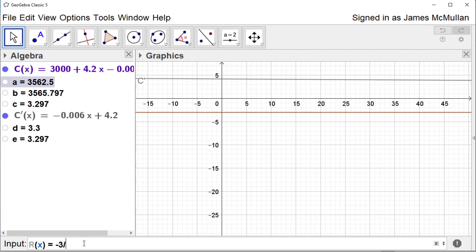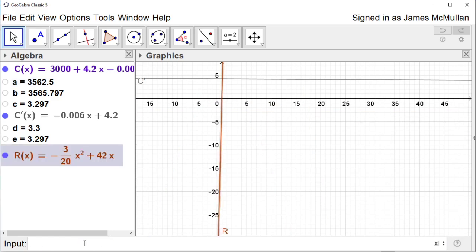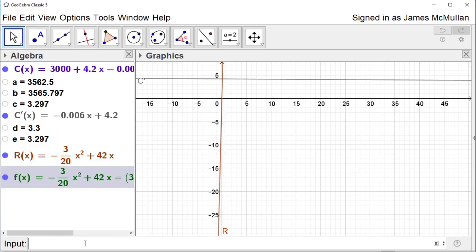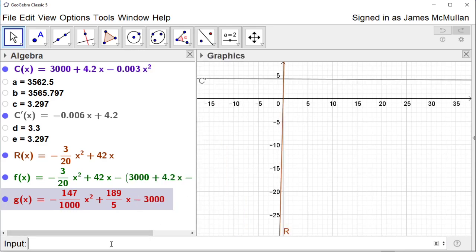So revenue is negative 3 over 20 times x squared plus 42x, and R of x minus C of x, and then simplify. So we get negative 147 over 1,000, and then I think that other number, 37.8, is 189 over 5. Yeah, okay, good. So that's right.